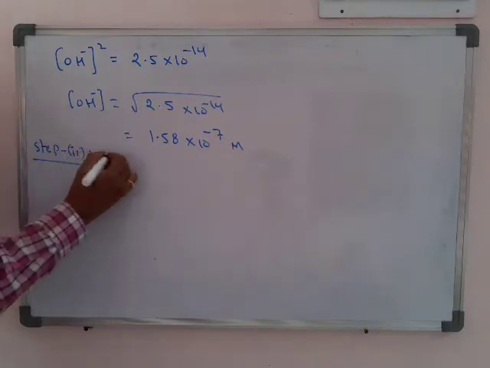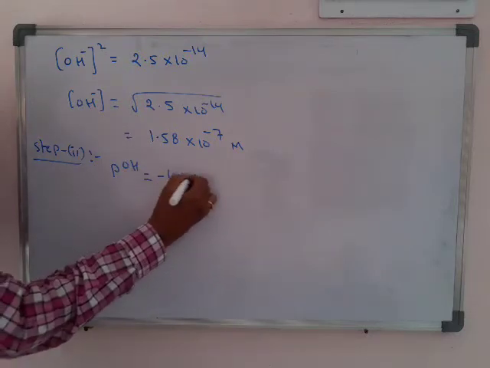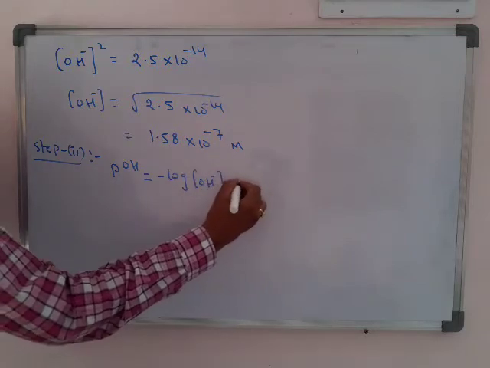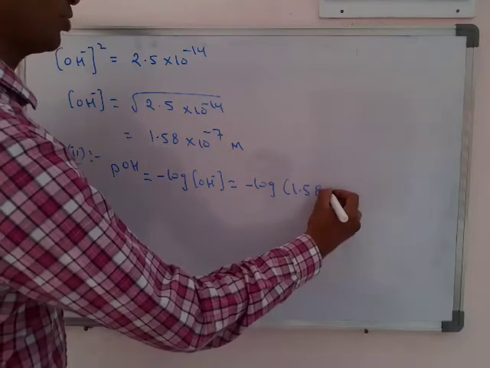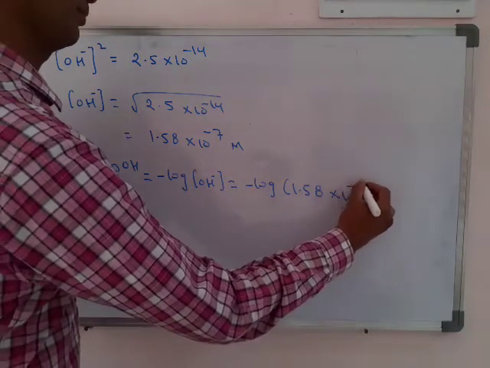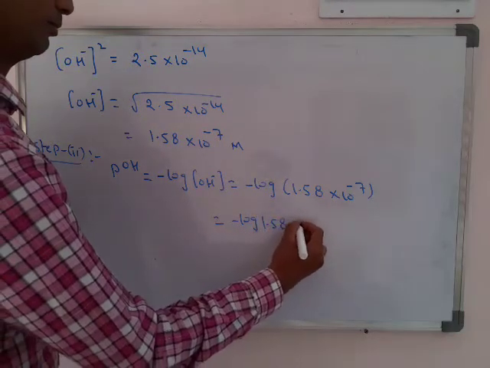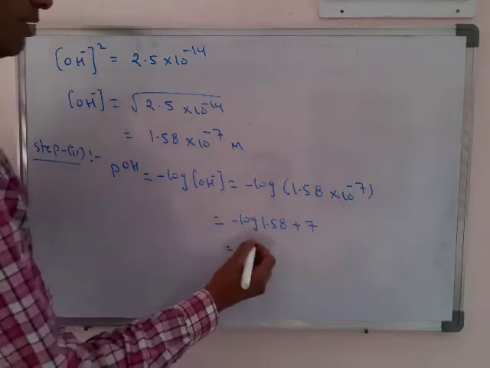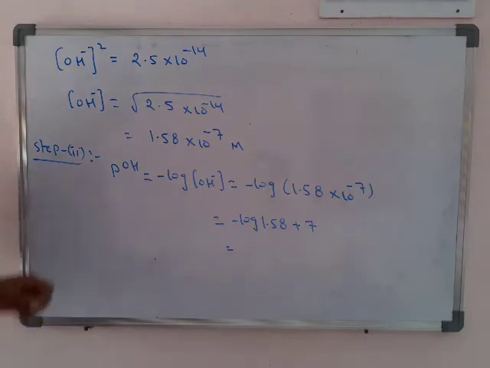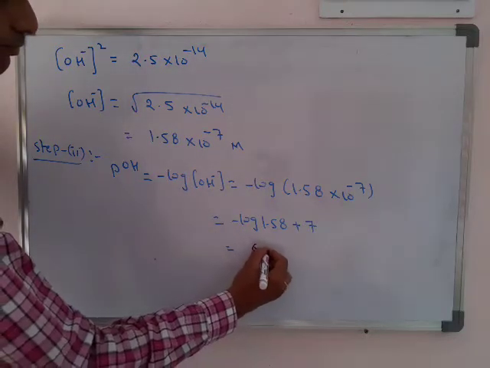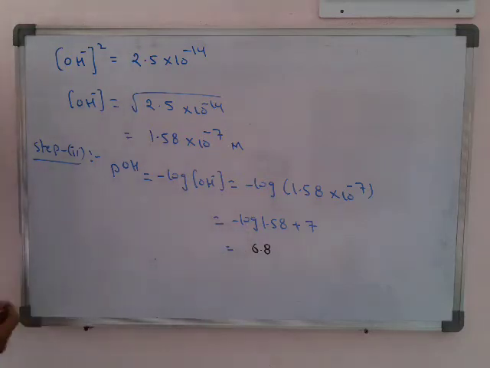Now that we know the OH minus, we find the pOH. Minus log OH minus is minus log of 1.58 into 10 power minus 7. Log 10 power minus 7 will give 7. So in the final calculation we get 6.8. Just take the log 1.58 value.